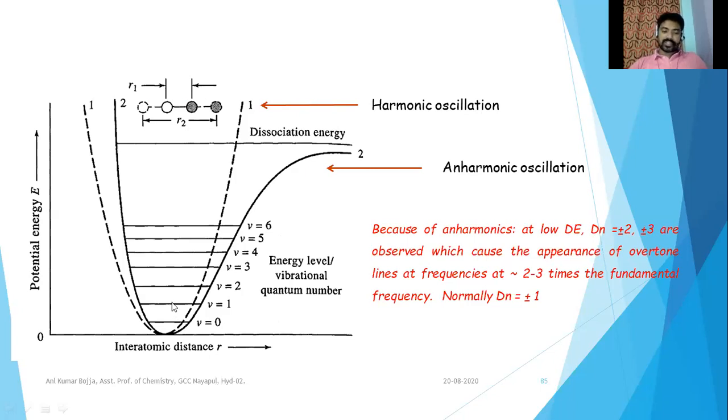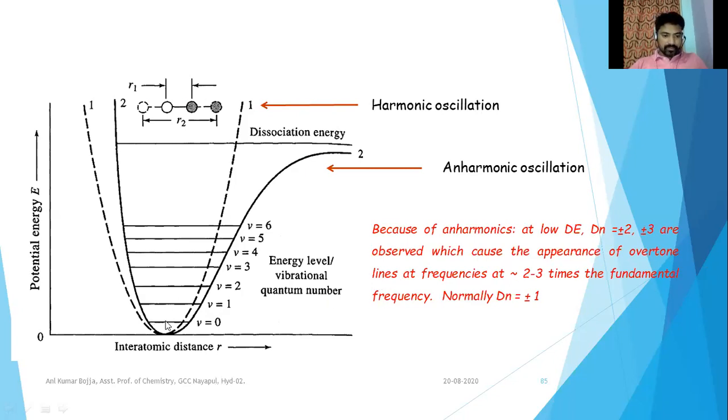If the molecule at the V0 level of the ground state electronic level participates in a vibrational transition to the second or third excited vibrational level, such transitions will produce overtone lines or overtone bands.